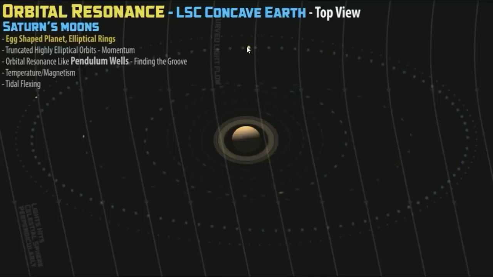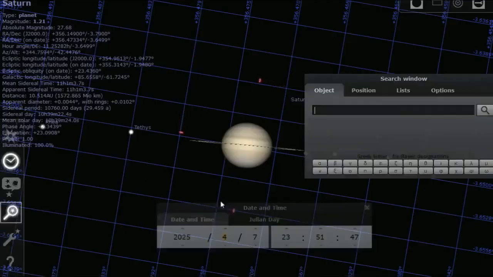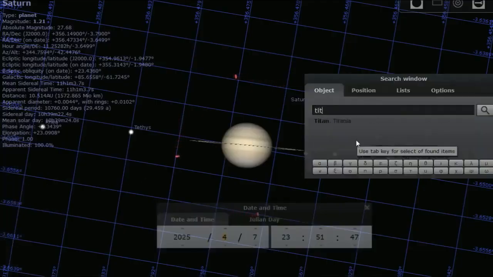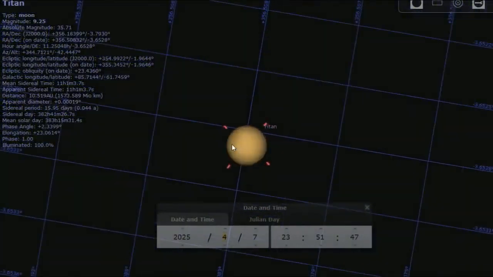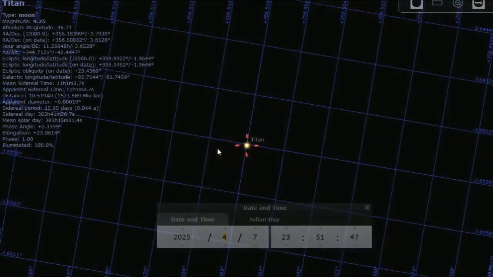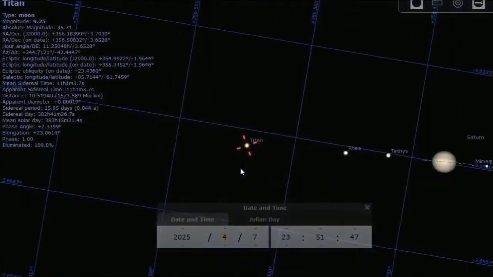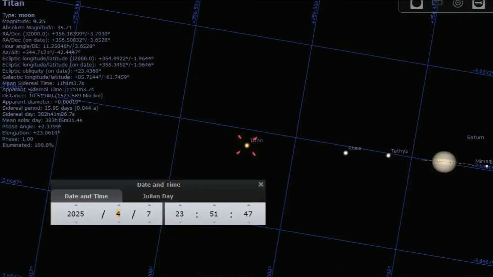Titan is the largest moon, not only of Saturn, but of the entire solar system. And lo and behold, you'd think Titan would exhibit some kind of variance in angular diameter over the course of one of its orbits around Saturn, but it doesn't.